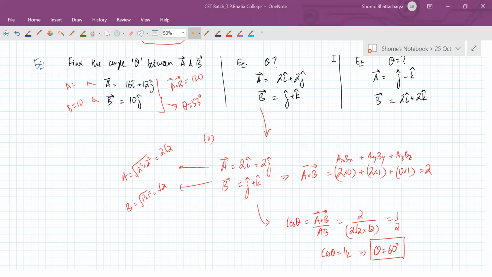Ghaznfar, have you understood the second part? Why it is 60 degrees and not 45 degrees?